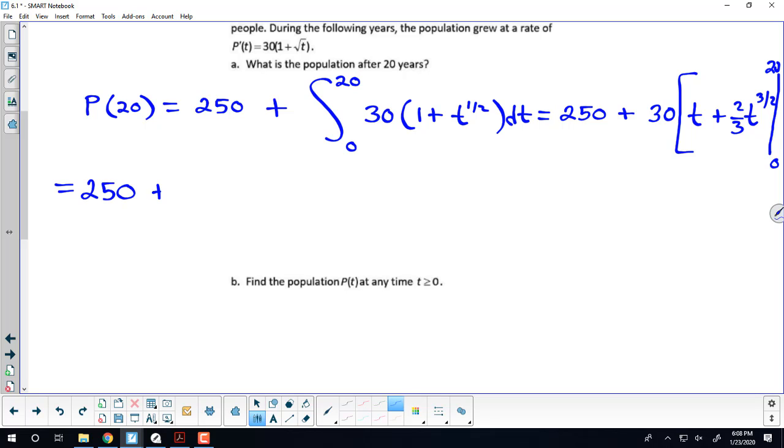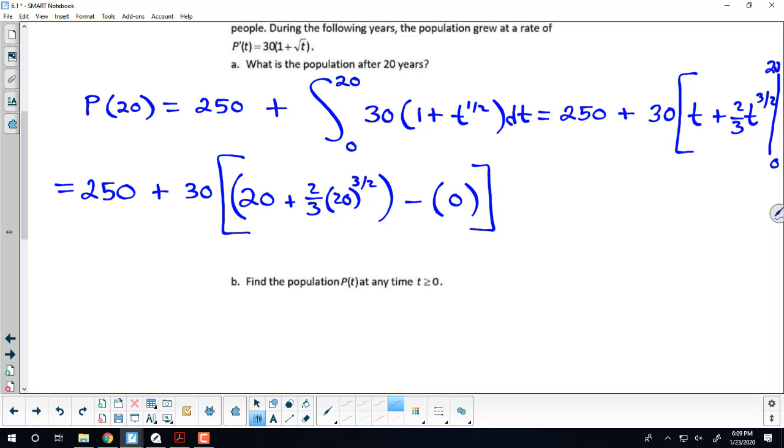Okay, 250 plus 30 times the antiderivative at the upper bound, 20 plus 2/3 times 20 to the 3/2. And of course, the second one would be 0.